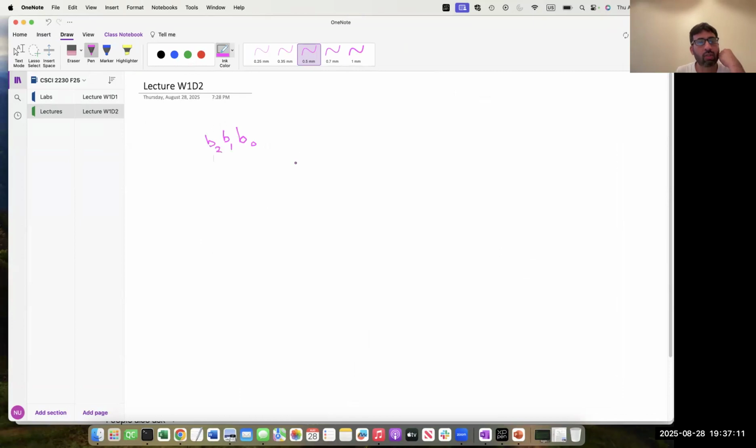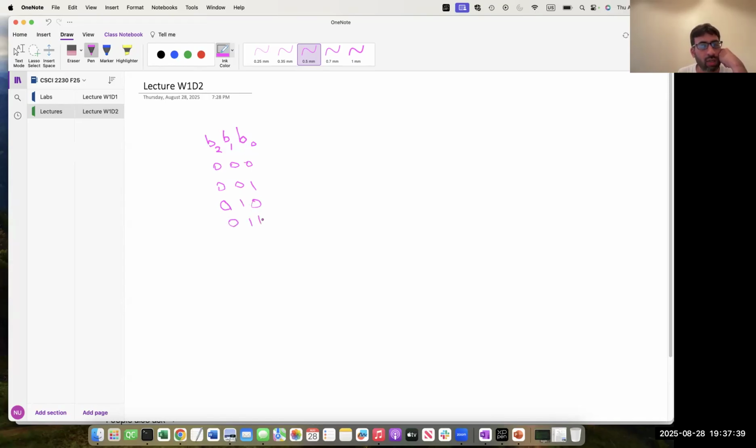And let's say we are talking about unsigned numbers. So we don't cover negative numbers, we cover only positive numbers. What are all the possible combinations of values for 3 bits? All zeros, then 0, 0, 1, then 0, 1, 0, then 0, 1, 1.